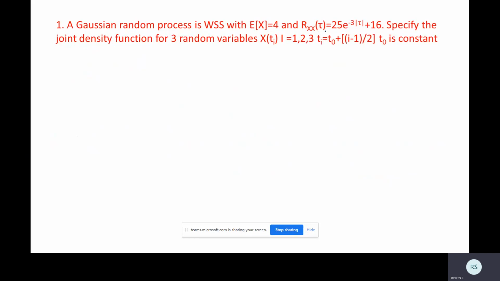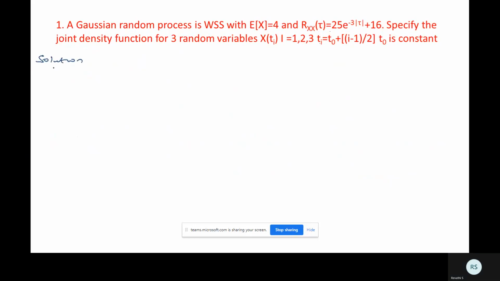So Rxx of tau is given by 25 e power minus 3 modulus tau plus 16. Specify the joint density function for 3 random variables X of ti, i equal to 1, 2, 3, and ti equal to t naught plus (i minus 1) by 2. t naught is a constant. So you can do this problem.